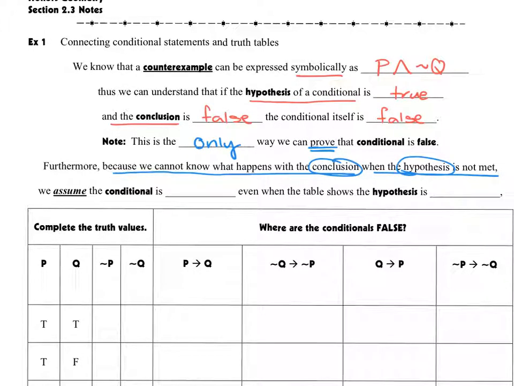In other words, if this is false, this has not been satisfied, I have no idea what's going to happen here. So what we do in the world of mathematics is we just assume, it sounds weird, that the conditional is true even when the table will show that that hypothesis is false.